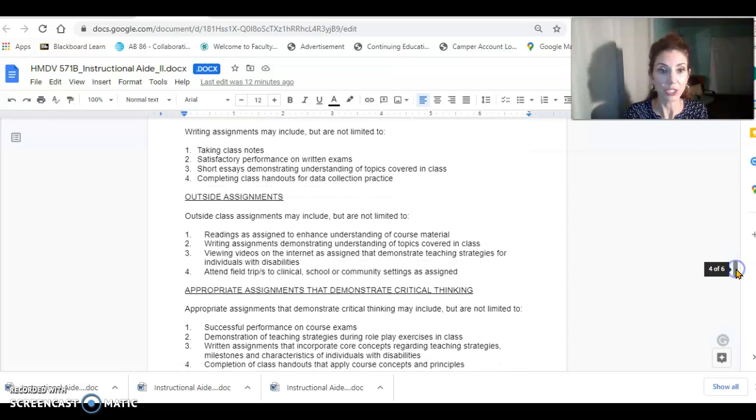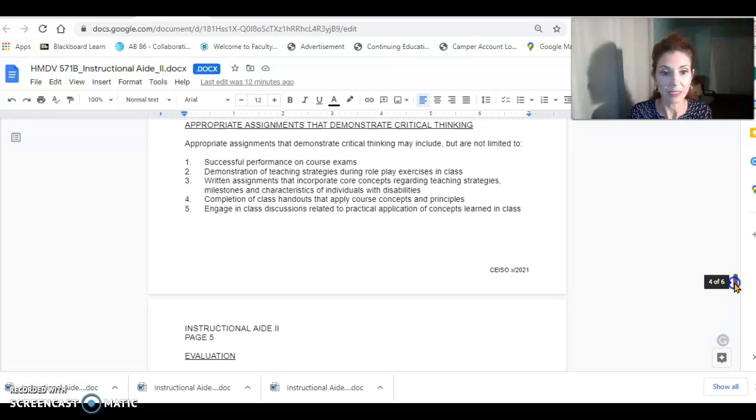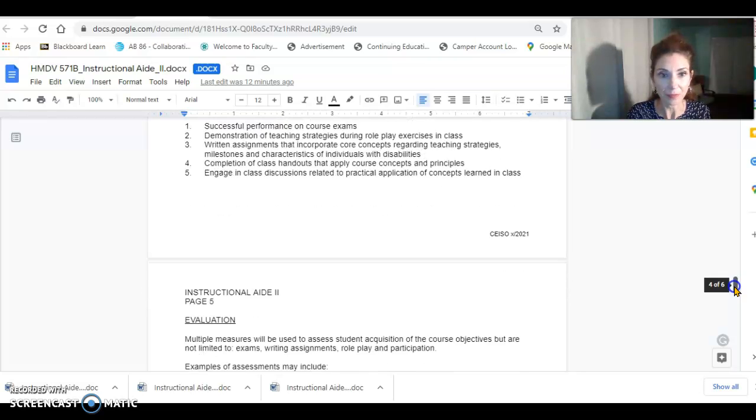What has changed is we did put some more information in here about potential assignments, and we did officially change the name to Instructional Aid instead of Special Education Assistant. It was too long of a name, to be honest, and San Diego Unified calls them Instructional Aids. So hence that name change.